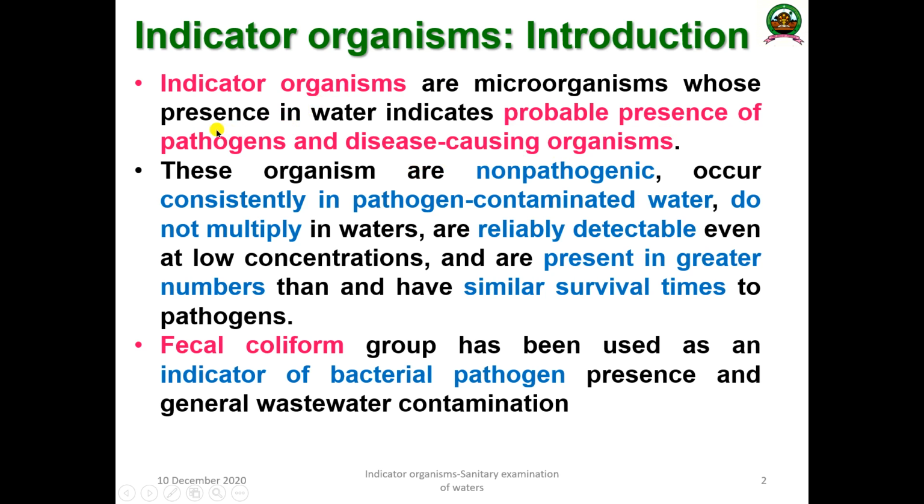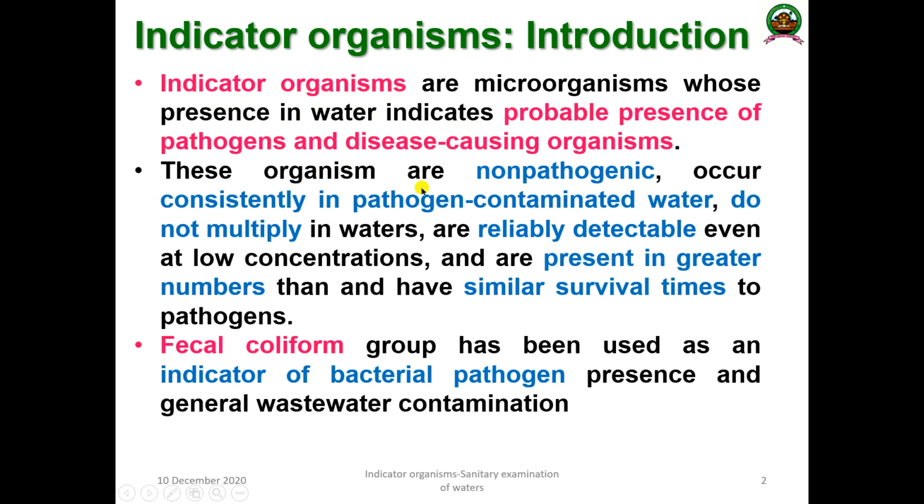So there are certain organisms known as indicator organisms. You detect those indicator organisms, and that will tell you whether the water we are going to use has pathogens or disease causing organisms, and such organisms are known as indicator organisms.